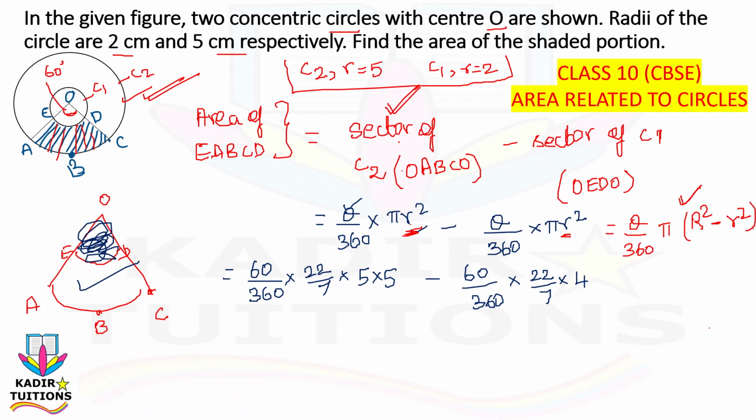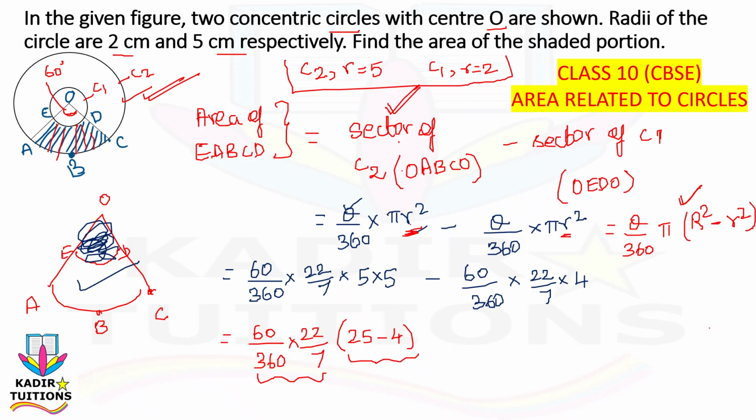You can directly use this formula too. So I take the common thing 60 by 360 into 22 by 7, and the leftover is 25 and 4. This will be easier, right? I'm taking these in common and only the radii change, which is 25 minus 4.